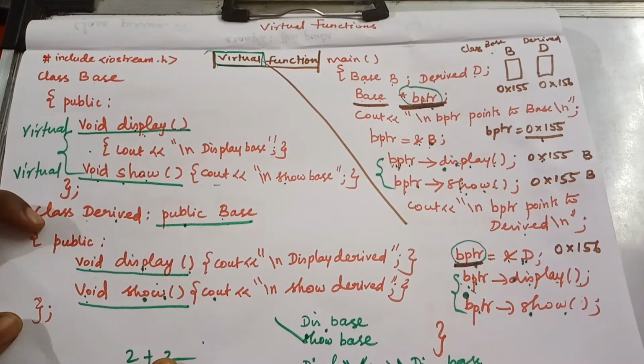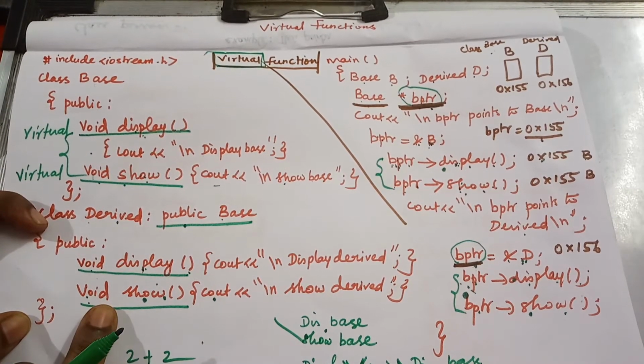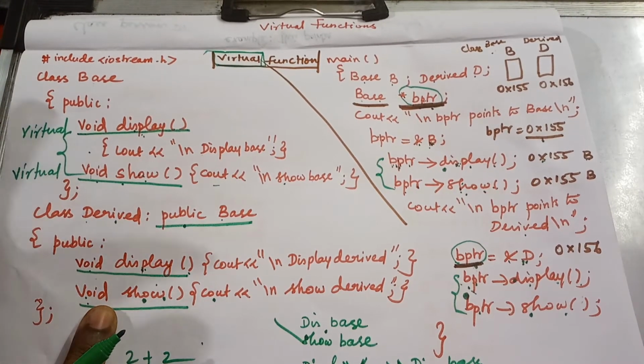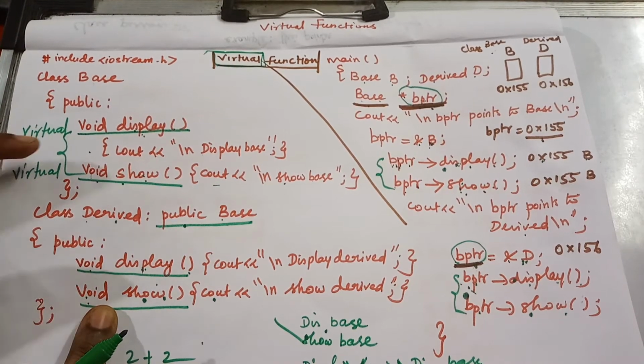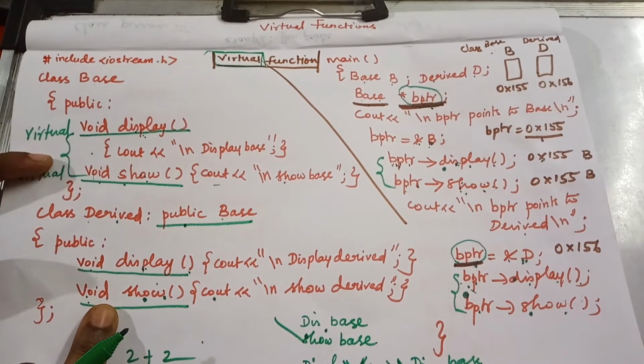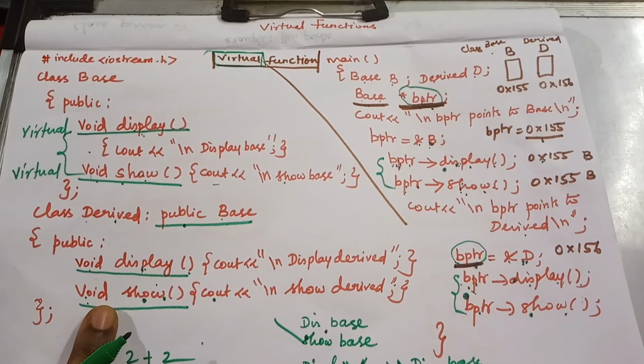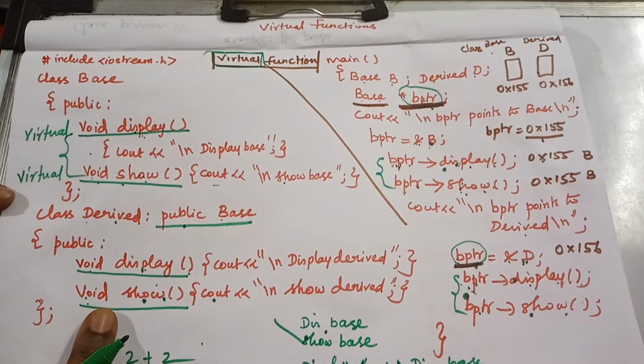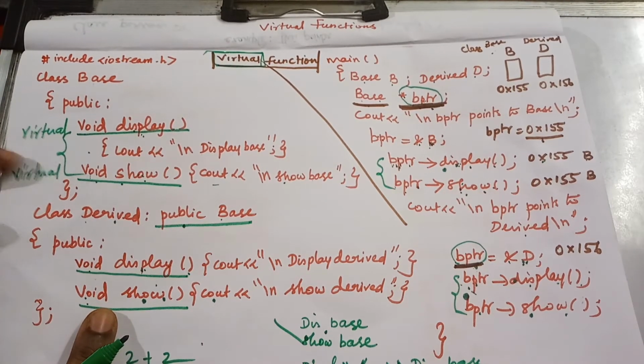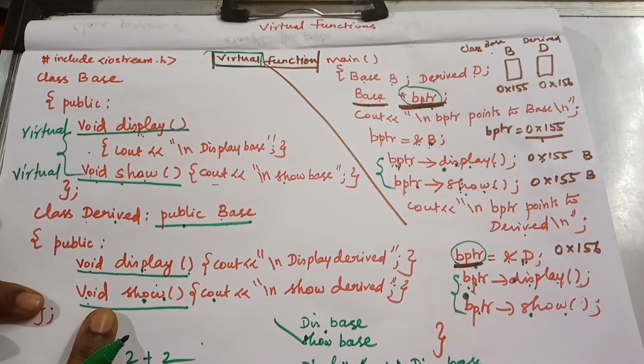Whenever you are calling the member function for the derived class, again it will not come to your derived class. It is in virtual mode. So again and again the same content will not be repeated. This is the advantage of the virtual function. So if I give virtual here, automatically this will not be displayed in your derived class.